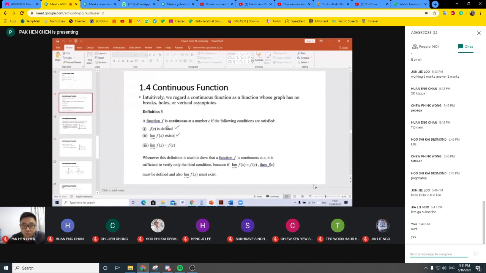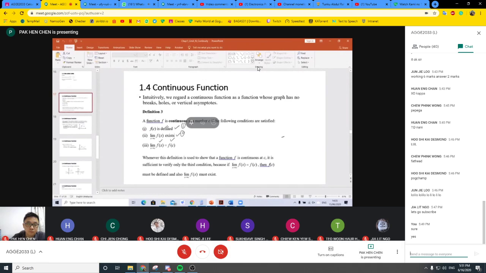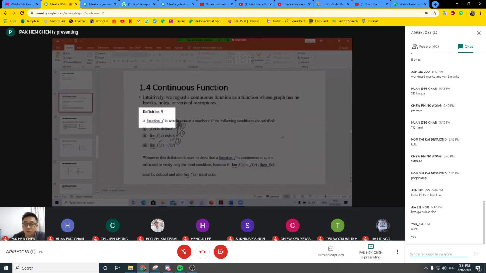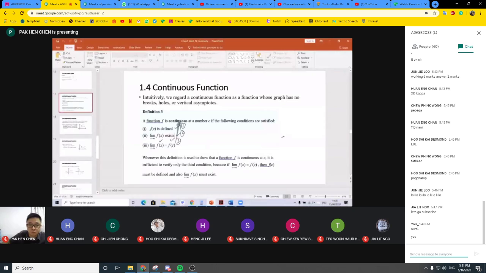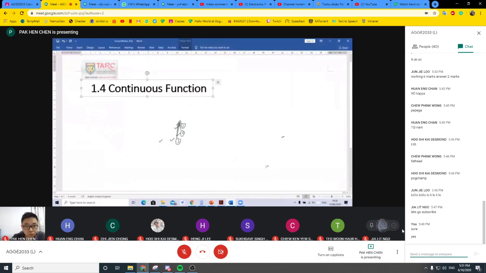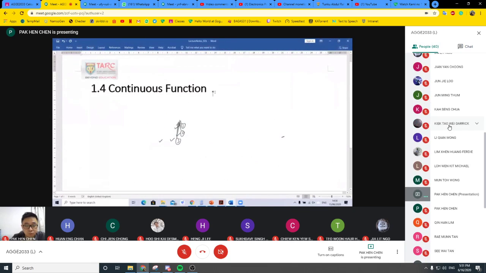The third one is that the limit exists and is the same as the f(c) value. Those are the 3 conditions that you have to fulfill, so that it can be said to be a continuous function.